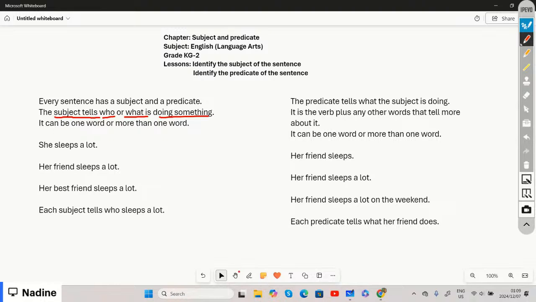And the subject can either be just one word or it can be more than one word that tells us about who or what is doing something within that sentence.